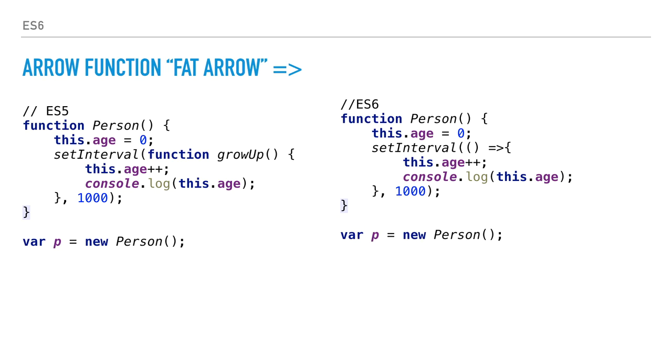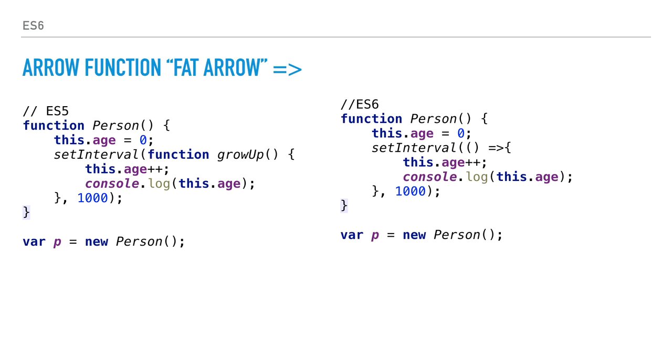So let's take a look at the ES5 example on the left side. We have a function Person, right? We define the age, so this.age is equal to 0. That's perfectly fine because we are inside the scope of Person, right? But once we define the setInterval, we are specifying a function, and inside, guess what? So probably you know this case, right?